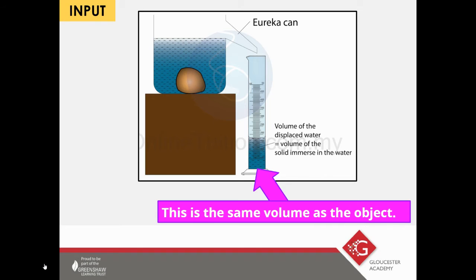Just from the top of your head, I would like you to write down the method for the displacement of water, either into a Eureka can or into the measuring cylinder, so that you know exactly what steps you would take to do this practical.